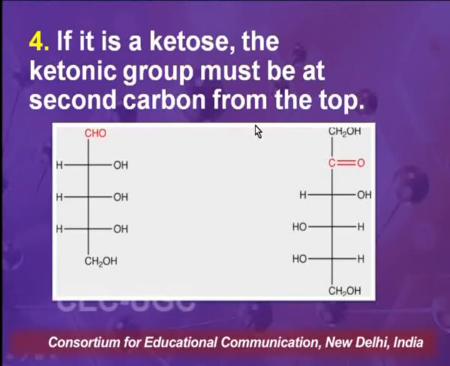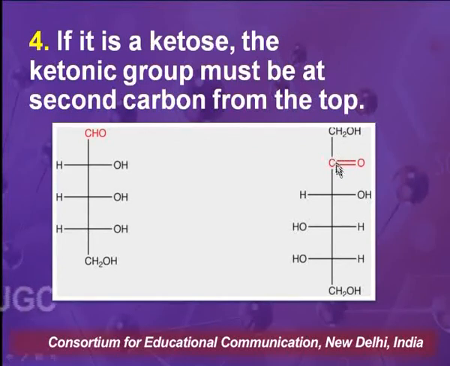And now if we have a ketonic group, then we have to write the molecule in such a manner that the ketonic group is at the second position from the top. So this is your first carbon, second carbon, third carbon, fourth carbon, fifth carbon, and sixth carbon. When representing this molecule in Fischer's form, the ketonic group has to be at the second position.